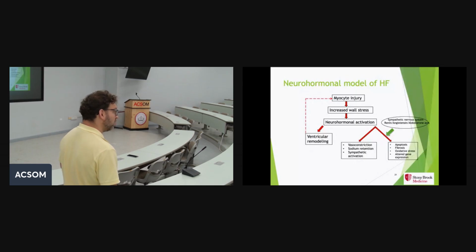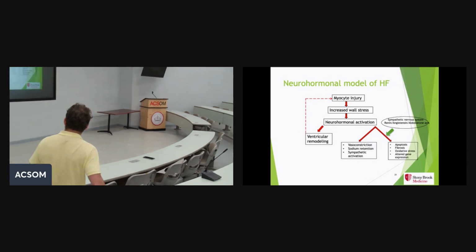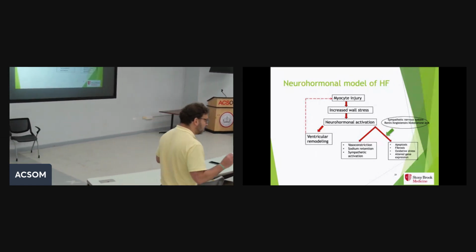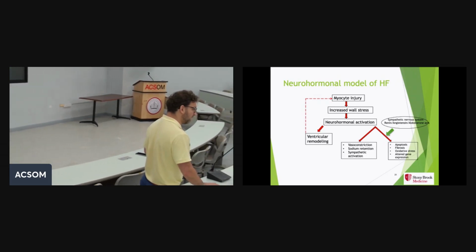If you're talking about a pressure problem, what's the remodeling? Concentric hypertrophy. If you're talking about a volume problem, eccentric hypertrophy. And this occurs through three major pathways. You have to know these major pathways.